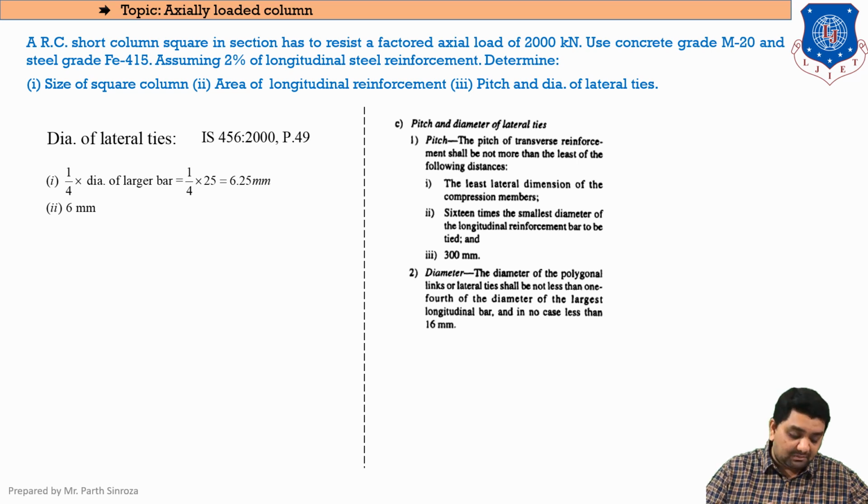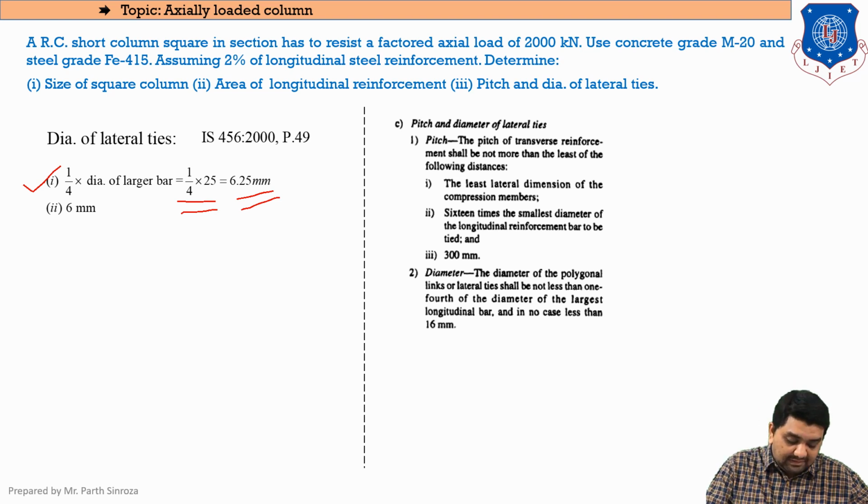So our two cases come out to be 1/4 of the diameter of the largest longitudinal bar, and 6 mm. We have provided two diameters, so we will take the larger diameter that we have provided, and the larger diameter was 25. So in this case the value is 1/4 of 25, and solving it the answer comes out to be 6.25.